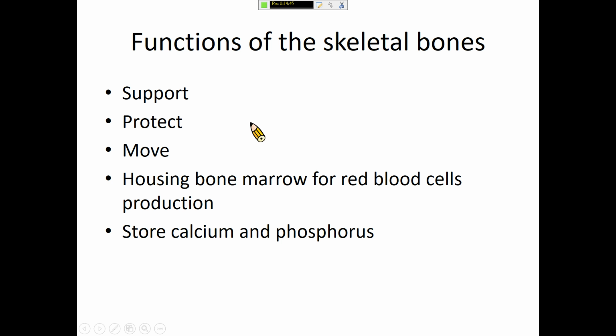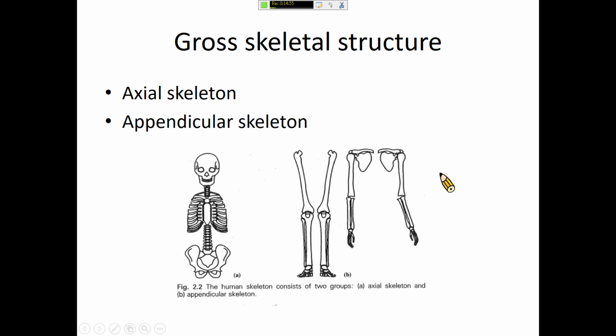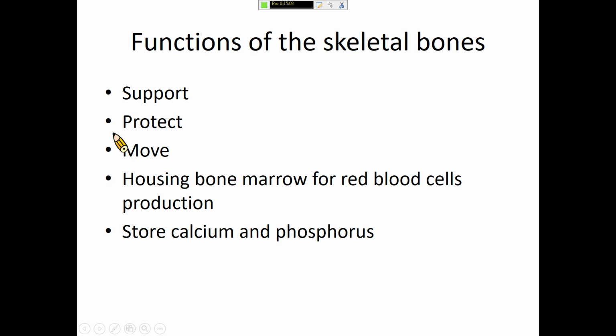Basically, the skeletal bones have these functions: support. Okay. For the appendicular, there's a main function which is movement. So protection. The axial skeleton, the main function is protection. The appendicular structure, the main function is to support also.